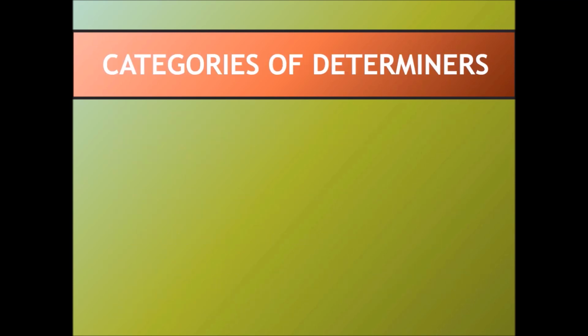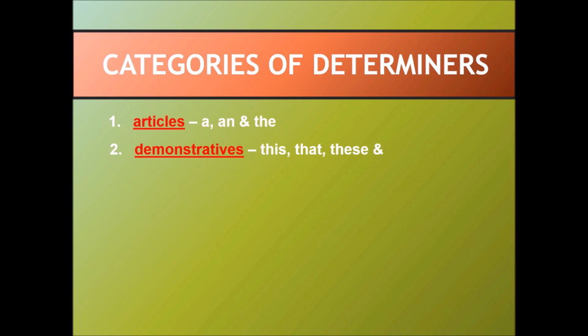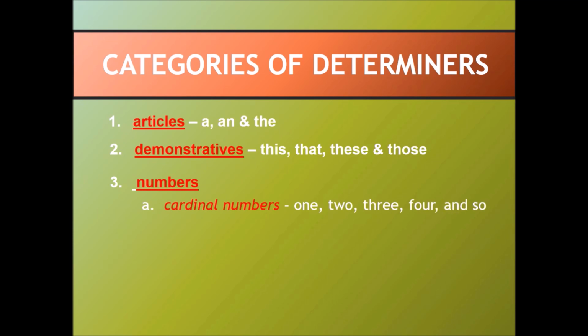Categories of determiners. The first group is the articles. There consists of three, a, an, and the. The second, demonstratives, consists of four, this, that, these, and those. The numbers is divided into two subgroups. The first one is the cardinal numbers with examples 1, 2, 3, 4, and so on.